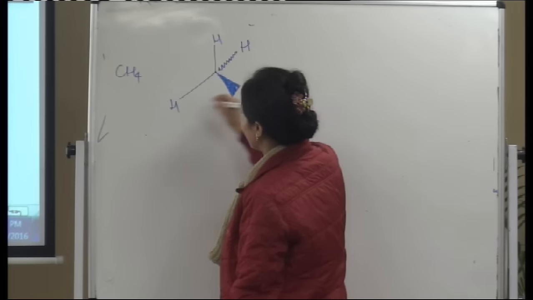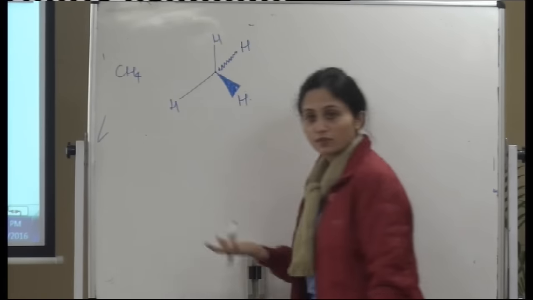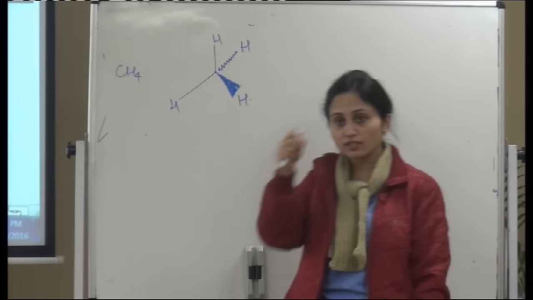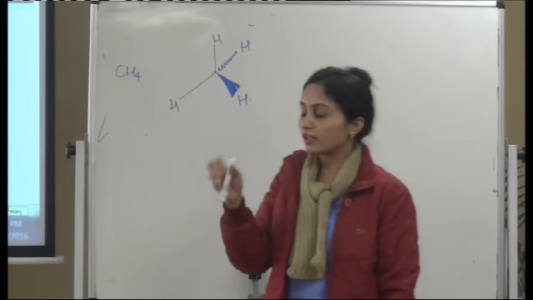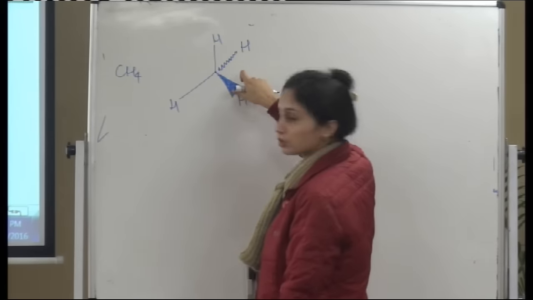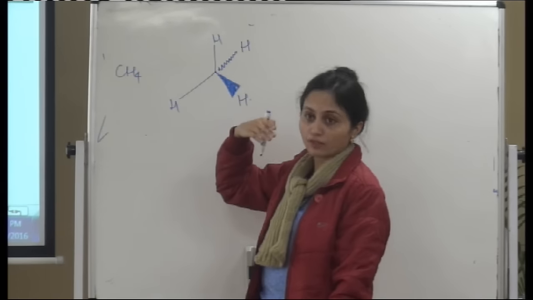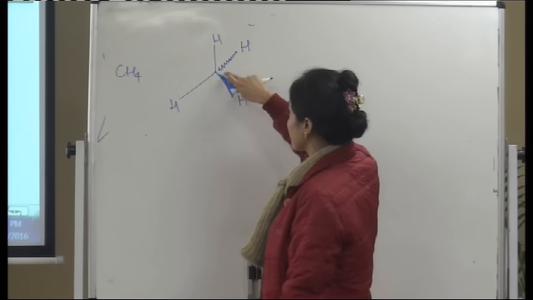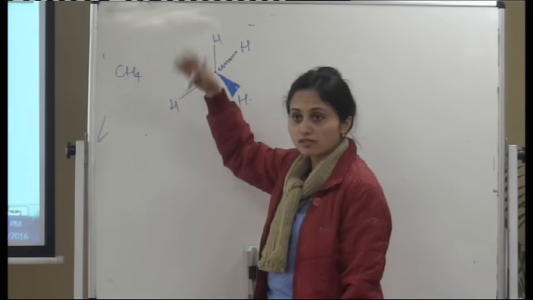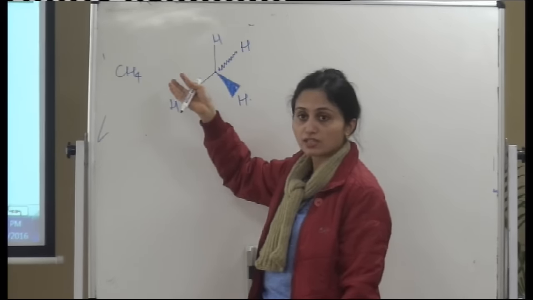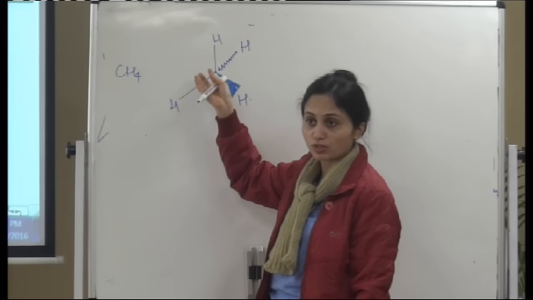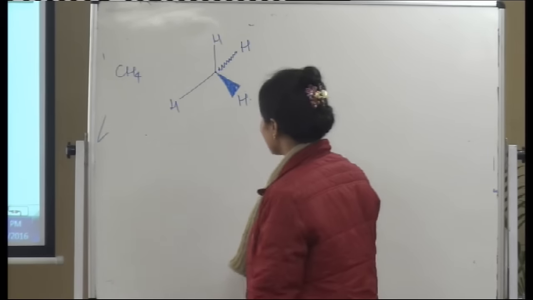So the tetrahedral structure of methane can be represented in this fashion. Remember, whatever is darkened is coming out of the plane towards you, and whatever is dashed will be going at the back. This will be important when we take up stereoisomerism and different types of isomers, to have a better understanding.